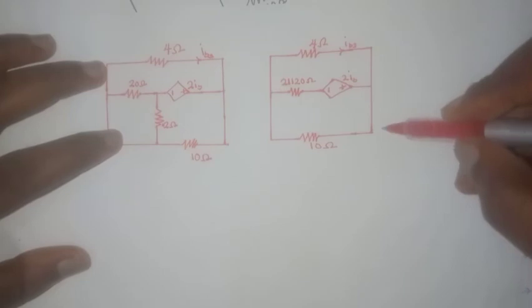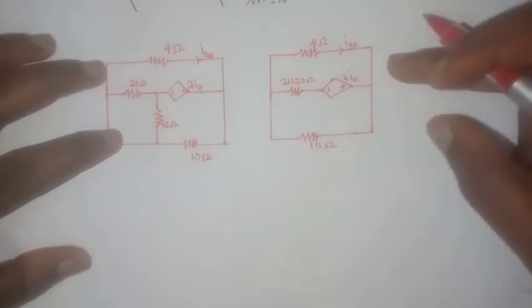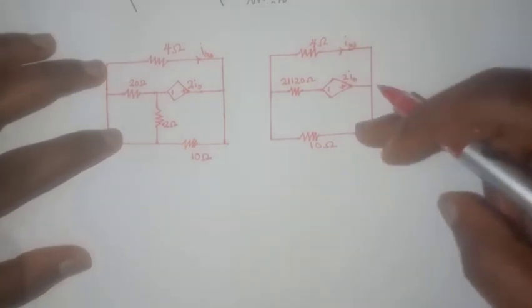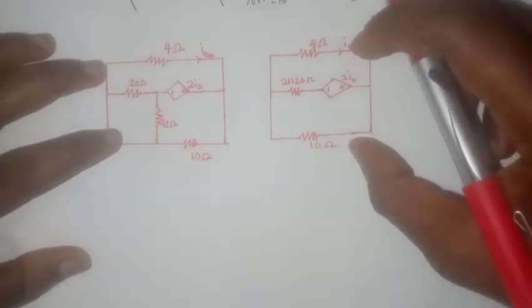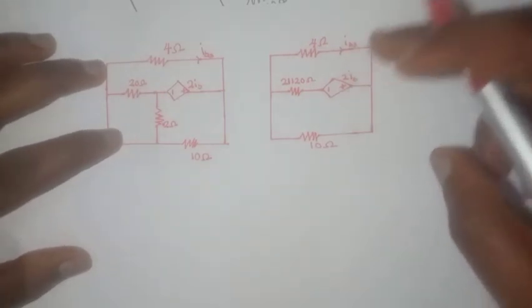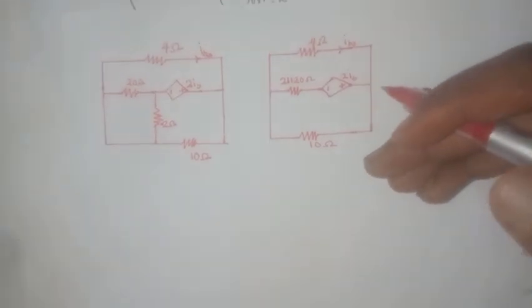This circuit can further evolve into a circuit that combines these two as one single resistor in parallel, so we can then have a circuit that looks more like this one.